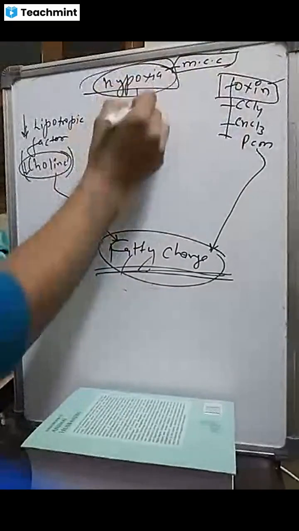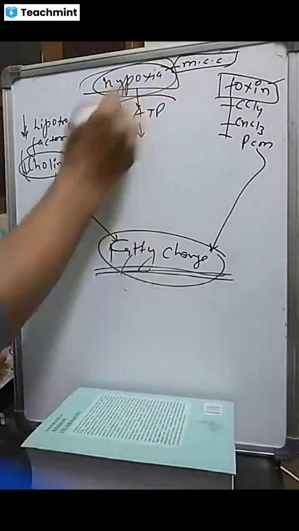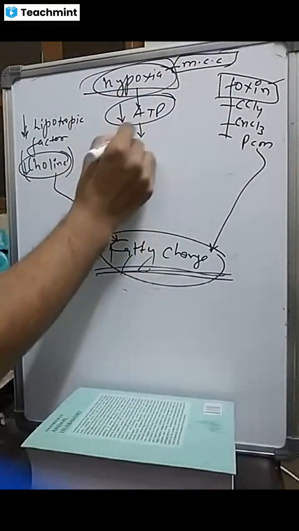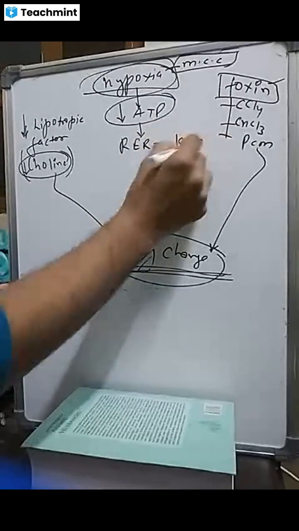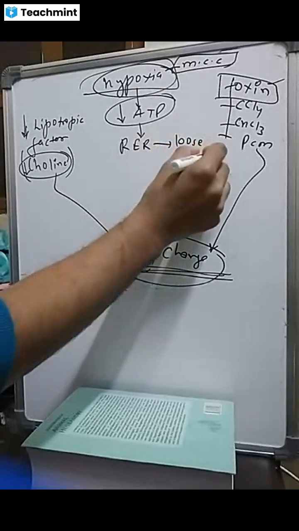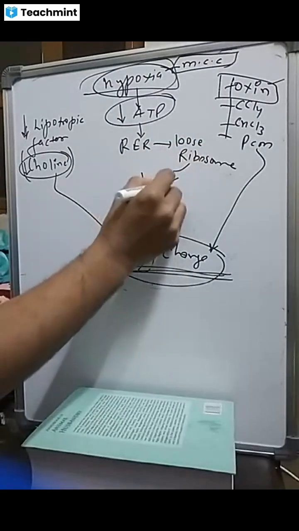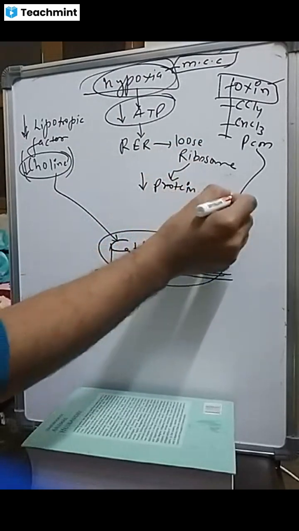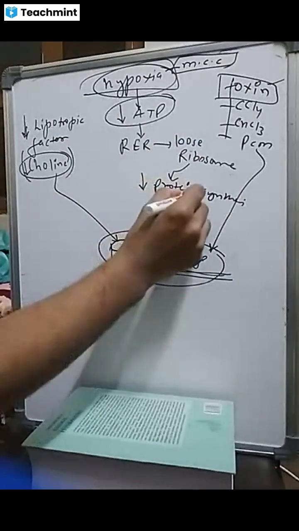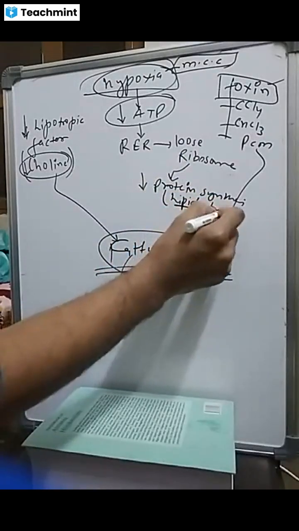What happens in hypoxia? Less ATP. What happens because of less ATP? The rough endoplasmic reticulum will lose ribosomes. That will decrease my protein synthesis. Which protein? Lipid transporting protein.